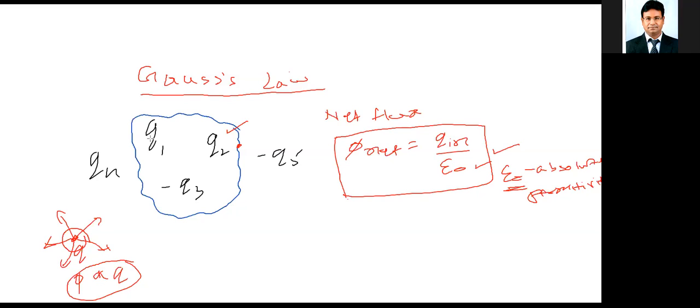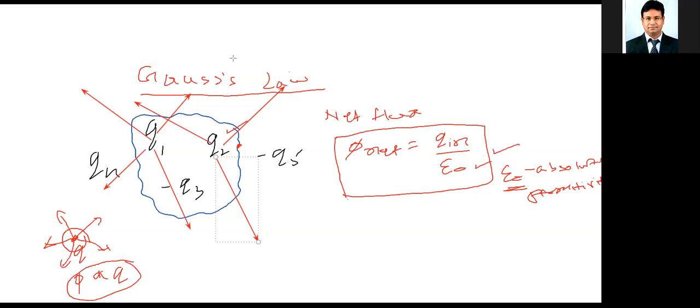Here, because of the positive charge, you would find that the electric lines of force are coming out. Some number of electric lines of force are coming out depending upon the charge. Even because of this Q2, you find that the electric lines of force are coming out.